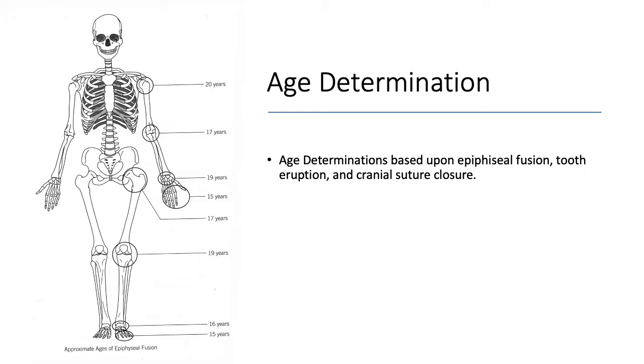And your shoulder, the upper portion of your humerus, the proximal humerus, doesn't fuse to the main shaft completely until around the age of 20. So these are very good markers for distinguishing age of individuals up through late adolescence.